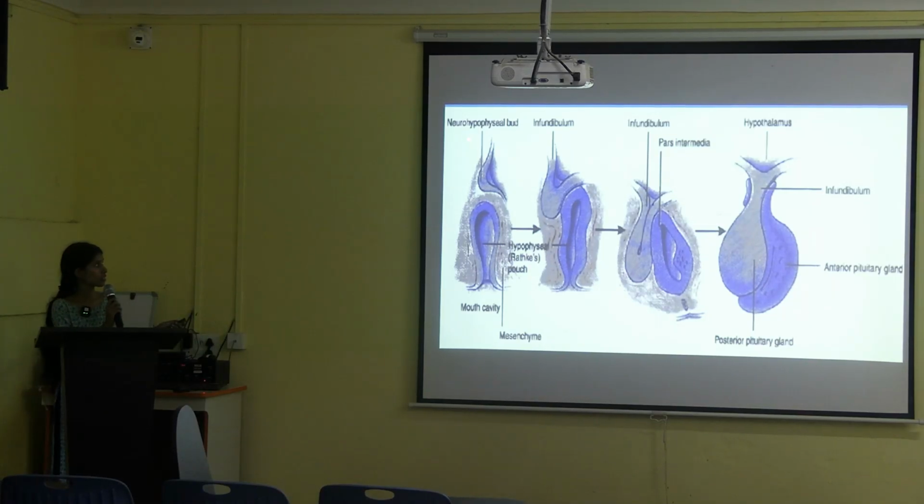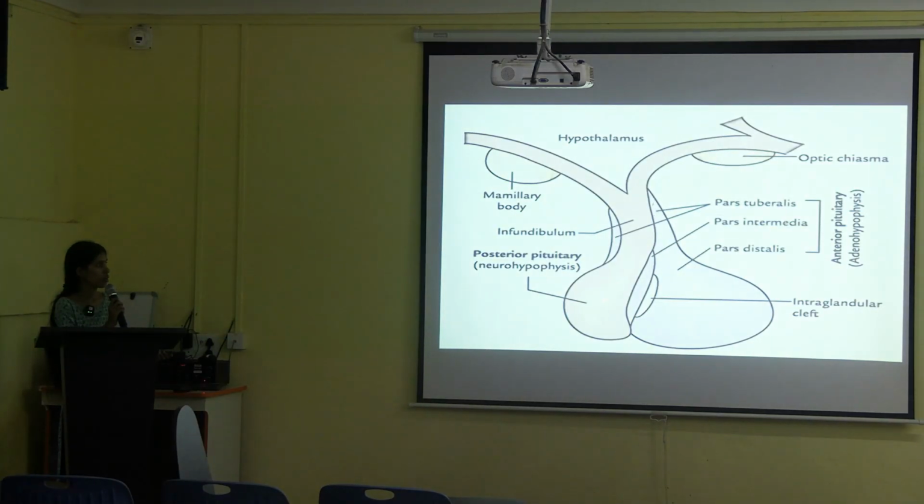Okay. Next, the neurohypophyseal bud will start evaginating in the downward direction right next to your Rathke's pouch. As the development continues, by the end of the 4th week, it will form a pouch-like structure and fuse with the Rathke's pouch to give rise to the posterior part of the pituitary gland or neurohypophysis.